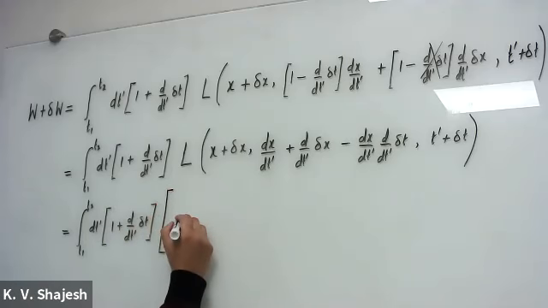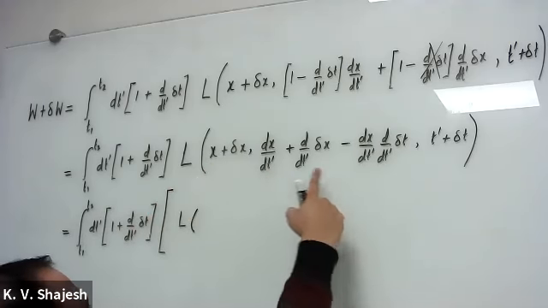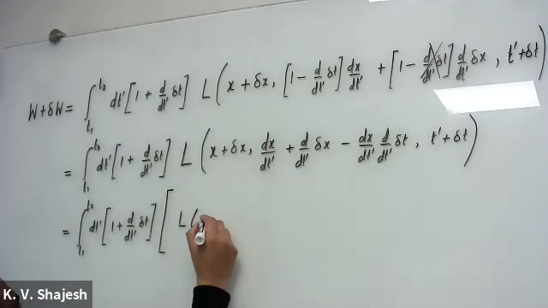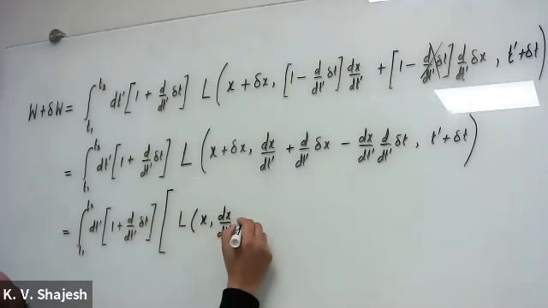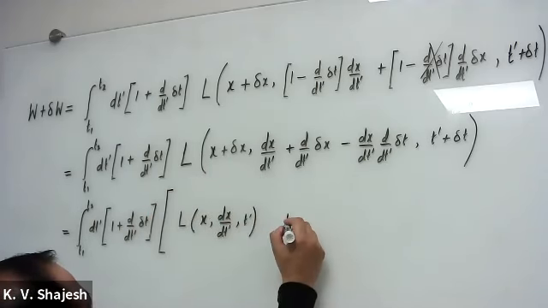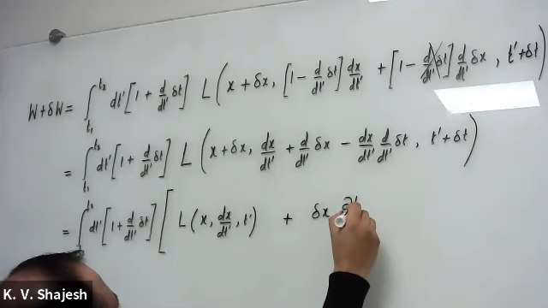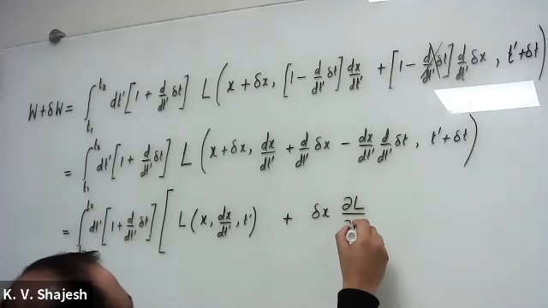So the first one is L, expanded about x, dx by dt prime, explicitly writing it, and t prime. That's where you're expanding around. The contribution from the variation in x is plus delta x times the partial derivative of the Lagrangian with respect to x.